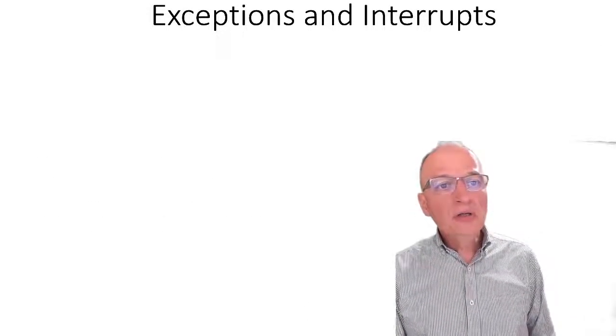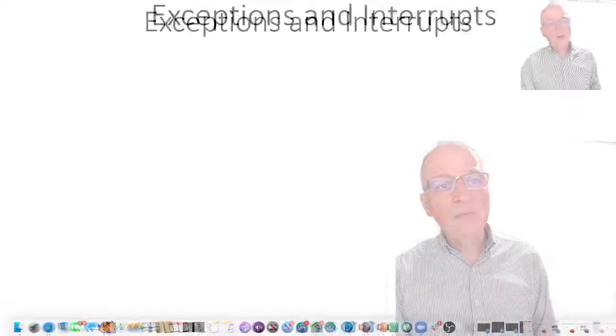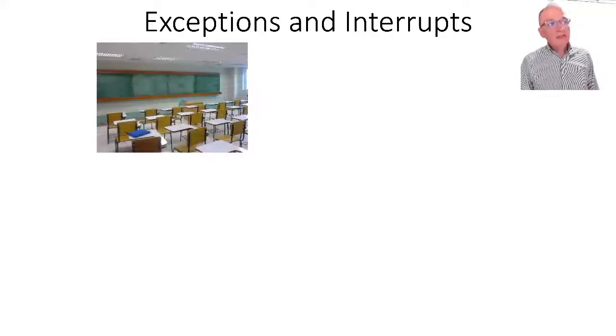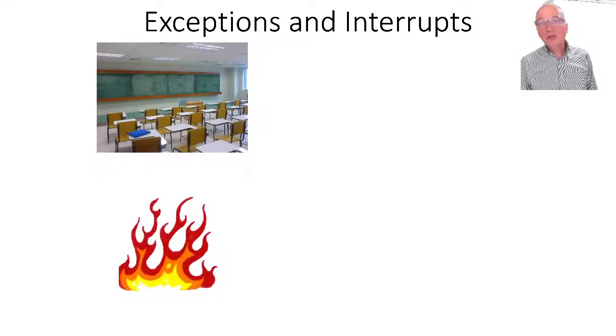To get us started thinking about this whole situation, that there is a main activity going on that is under the control of the programmer, and something else happens, let's consider a situation that often happens on a campus. I may be teaching a lecture in a classroom in a given building on campus, and while I'm teaching this lecture, a fire may start somewhere else in the building, perhaps far away from where we are.